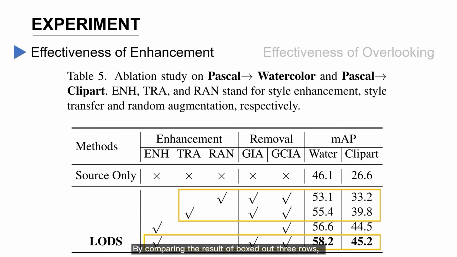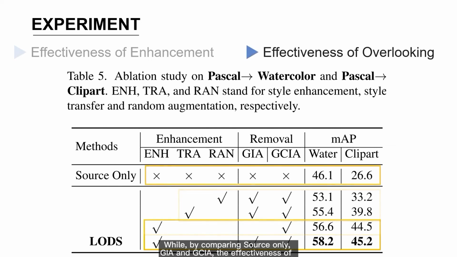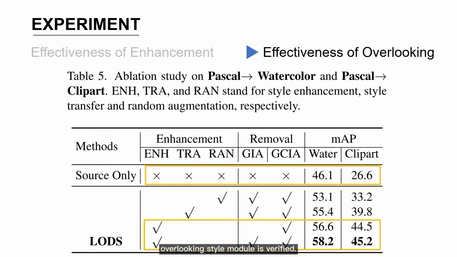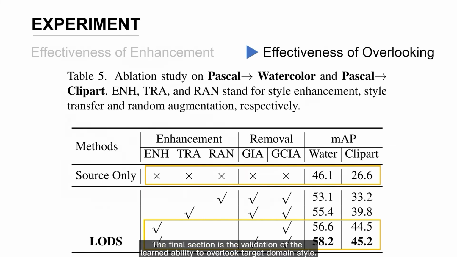By comparing the results of the baseline and residuals, the effectiveness of the style enhancement module is verified. While comparing source-only, TIA and GCIA, the effectiveness of the overlooking style module is verified.